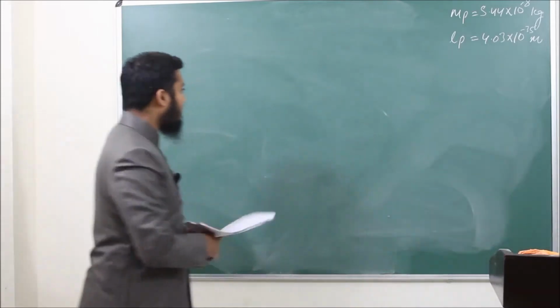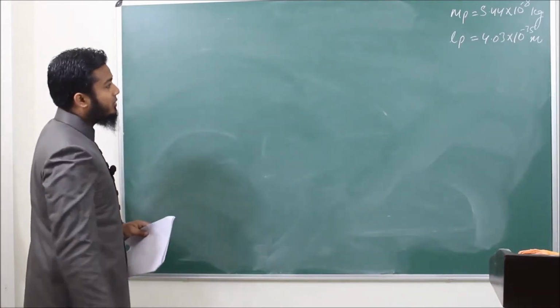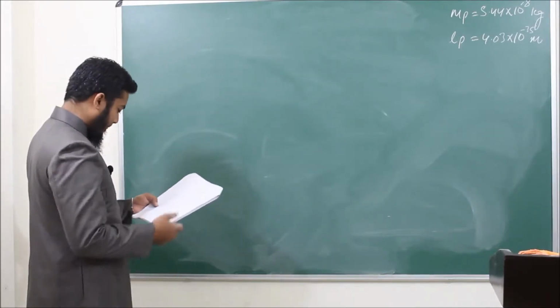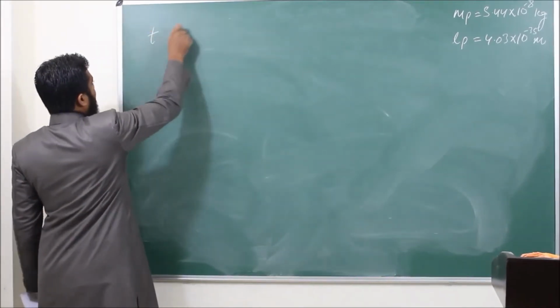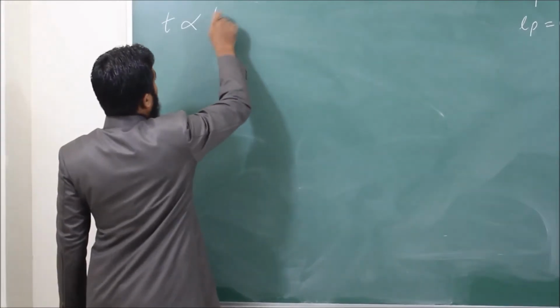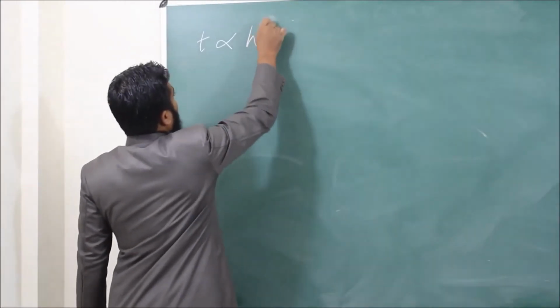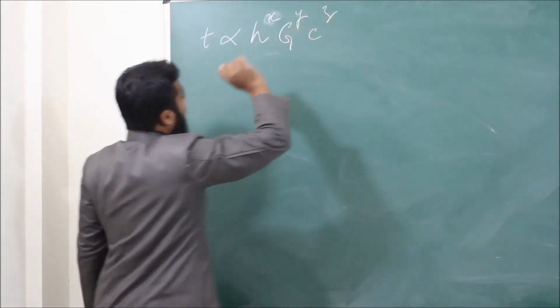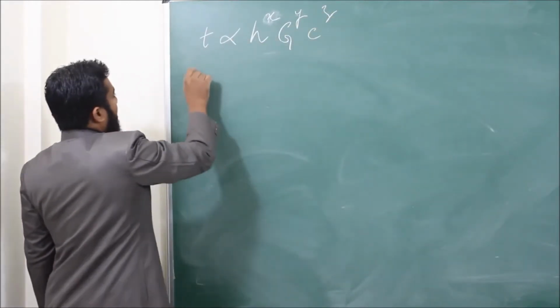Okay, so I hope you have understood the things and we can do it more quickly. Now we have to find time. So time, let's say, is directly proportional to H raised to the power x, G raised to the power y, and C raised to the power z. And dimensions on both sides should be the same.